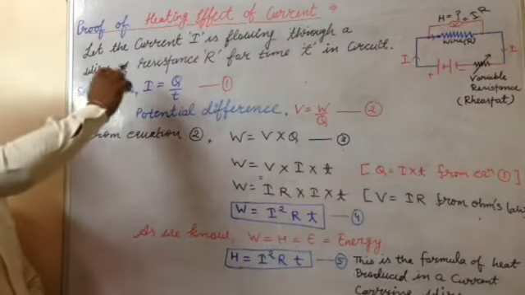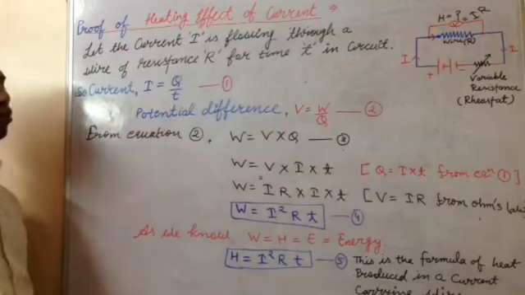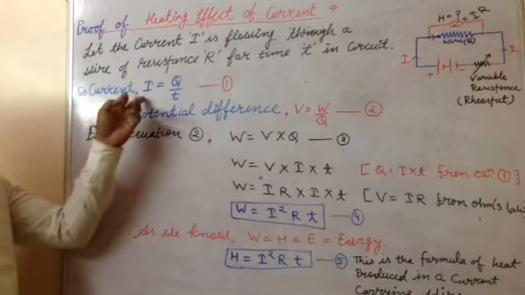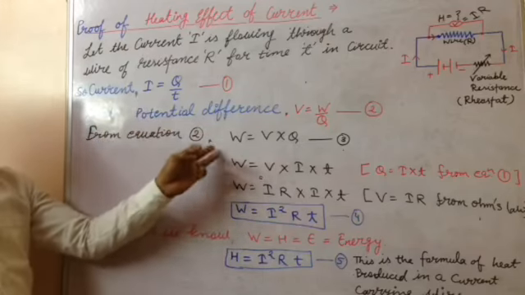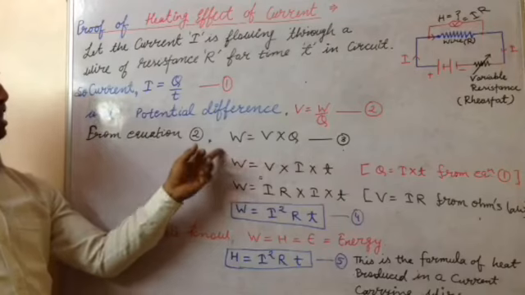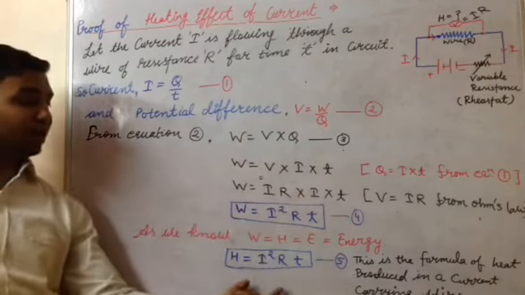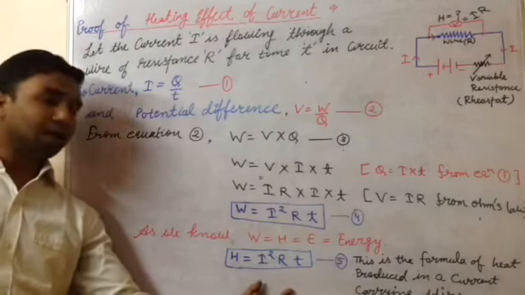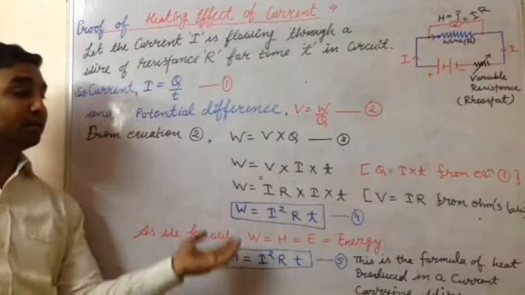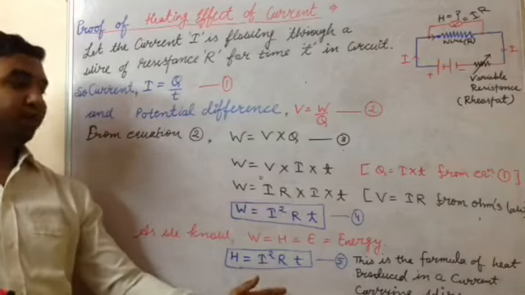Okay, so this is the proof of the heating effect of current. A statement we have done, the diagram would be common, and that's a proof. You have to start from current, then potential difference, then from equation 2 the formula of work, and then we'll put the value of Q here and use Ohm's law, and finally we'll reach this particular relation. And this is the formula of heat produced in a current carrying wire that we were looking for.